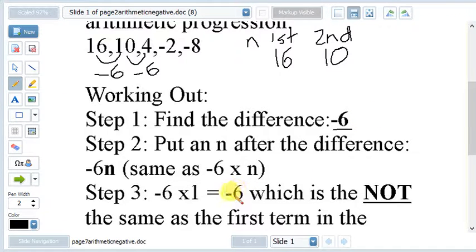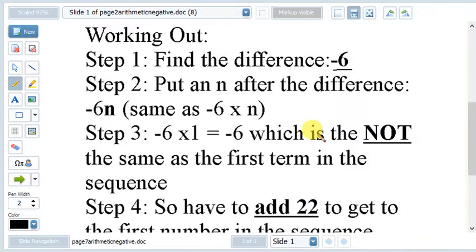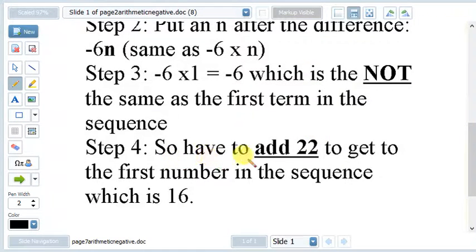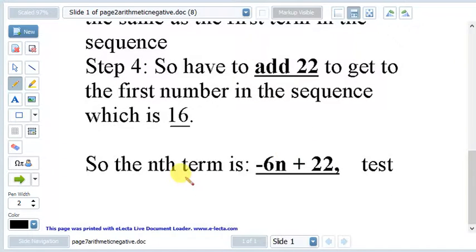Now this -6 is not the same as the first term in the sequence. So the first term in the sequence is 16. So step 4, what have we got to add or subtract to -6 to get to the first number in the sequence, which is 16, and we've got to add 22. So therefore the nth term is -6n plus 22.